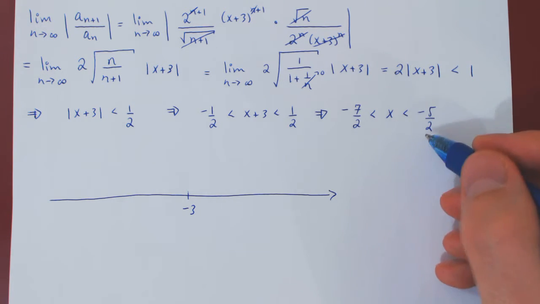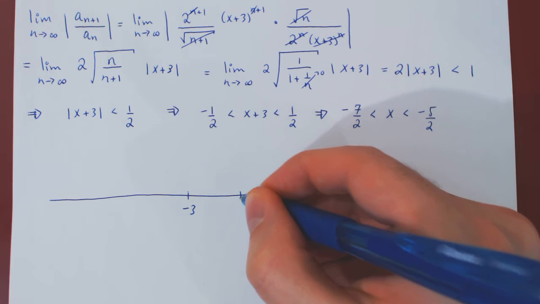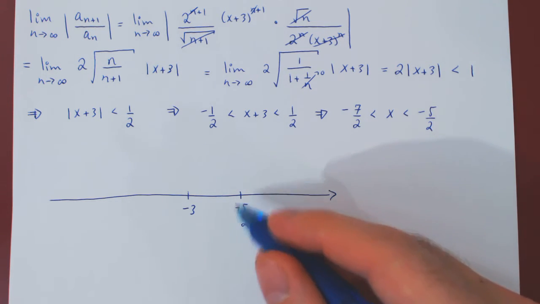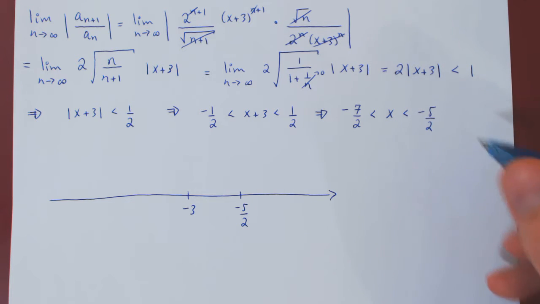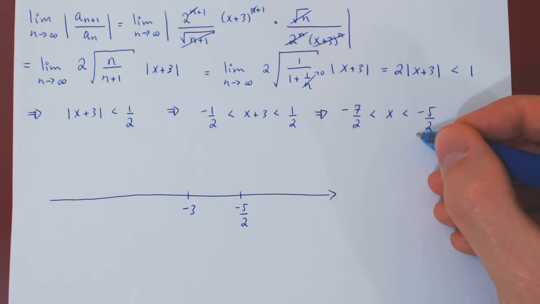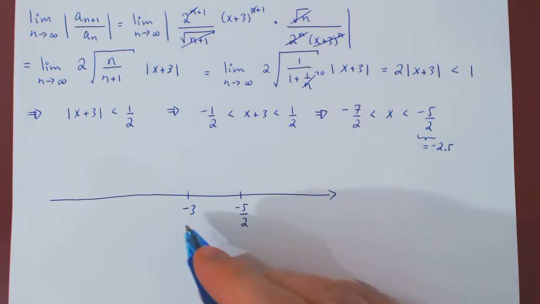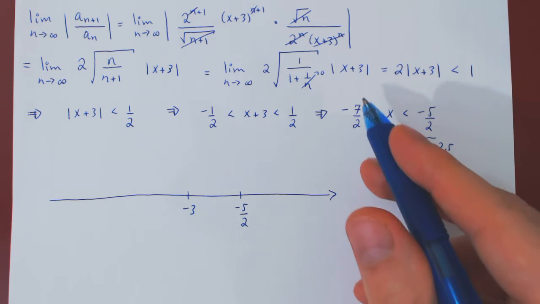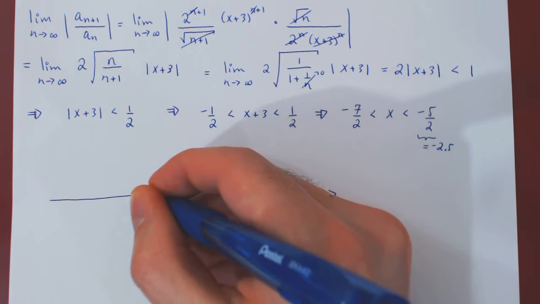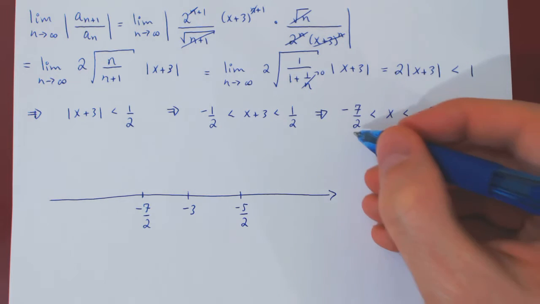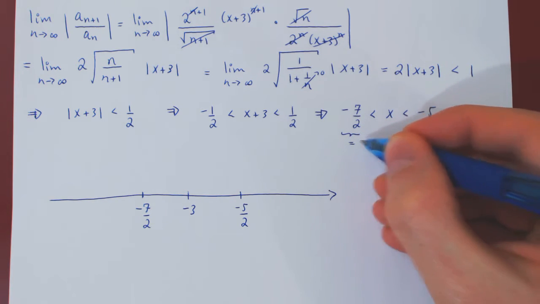So, the right endpoint, negative 5 over 2. If you want, of course, this is negative 2.5. So slightly larger than negative 3. The left-hand point, negative 7 over 2. But of course, negative 7 over 2 is negative 3.5.